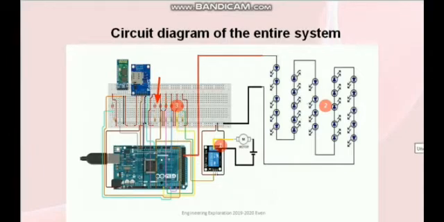The moment we interfere between the LDR and the laser, the LDR outputs a low analog value, which is interpreted by the Arduino here, and it plays out the corresponding note. So this is basically the simple circuitry of our project.